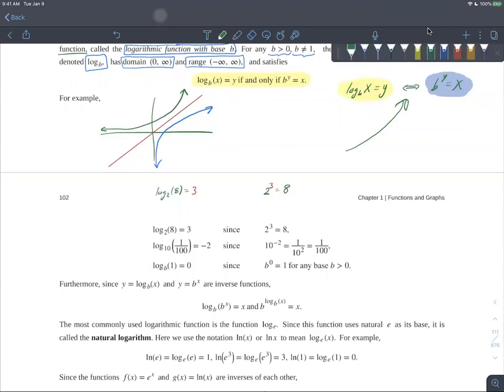Okay, so logarithmic equations are really asking things about exponents. So the second example, log base 10 of 1 over 100. Basically, we're asking what exponent do we need to put on 10 to get 1 over 100?